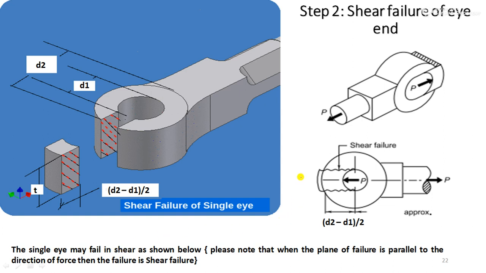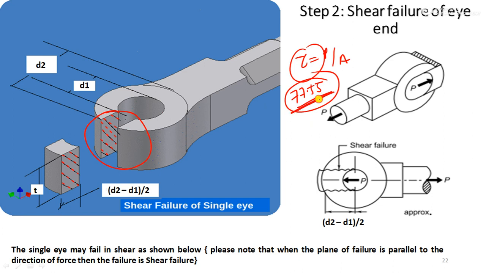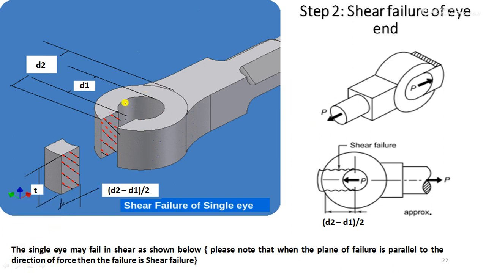Now how will you calculate? We know that tau is equal to P upon area. Tau is the allowable shear stress, 75. Whatever shear stress is created in this portion should be less than this allowable stress. So for that, how will you calculate the area? See, this total distance is d2, this distance is d1.